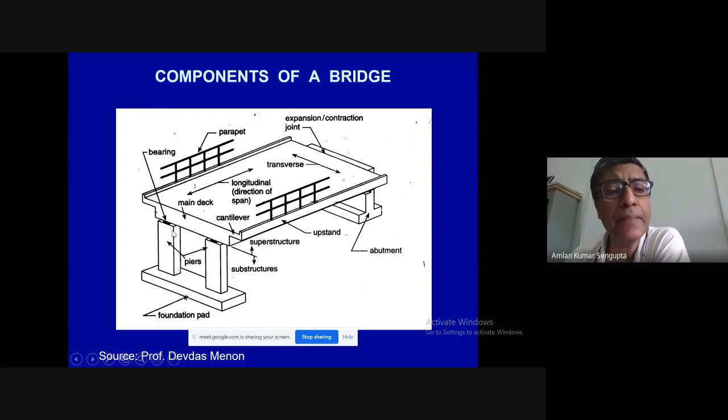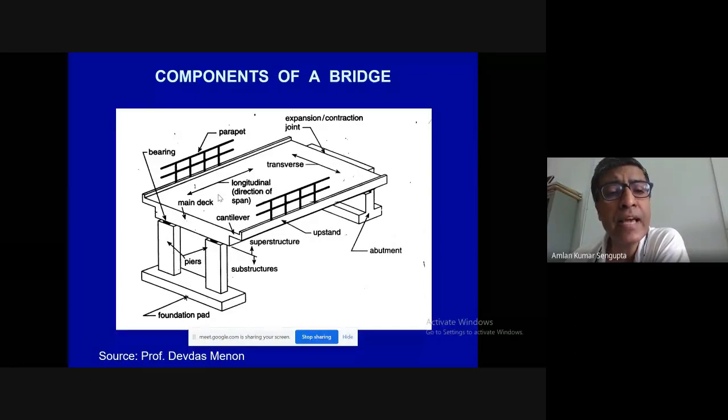They're typically made up of steel or some rubber-like material called elastomeric materials. The bearings are provided so that if there is any expansion or contraction of the slab due to the effect of temperature, then the load should not get directly transferred to the piers. The bearings accommodate that movement.